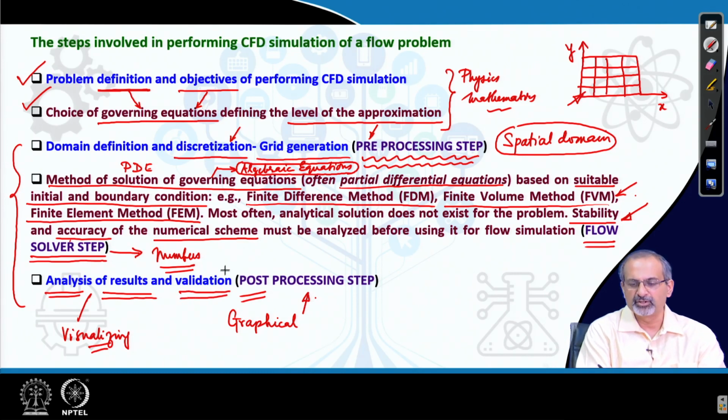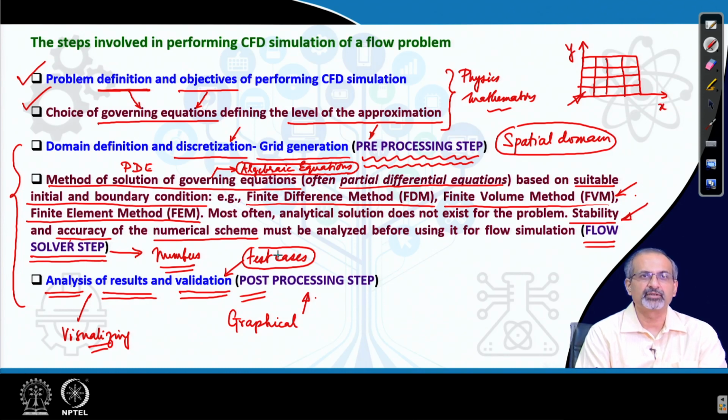That means, there need to be some test cases which we have to run and make sure that the results are reasonably good compared to some standard cases which are already available in literature. So, that step where we try to compare our results with available results is what is called validation. So, these are steps which are involved in the post processing level.